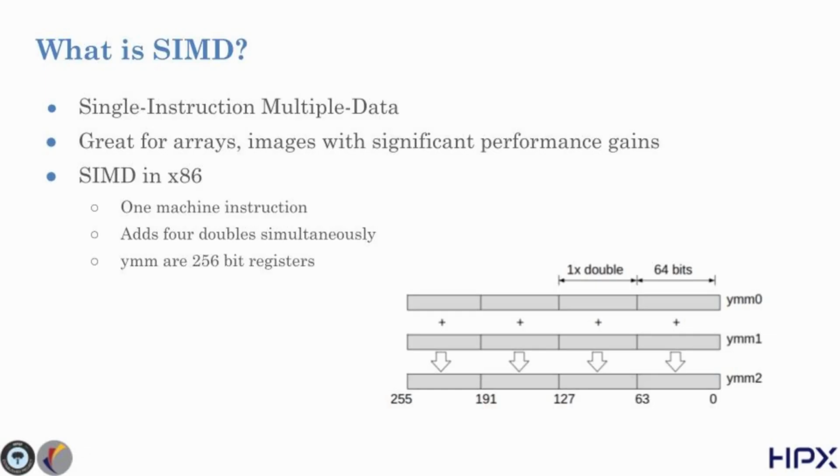The essence of vector operations is that you have large registers that don't just contain one double, 64 bits, but up to 512 bits, which gives us 8 doubles. When you load 8 doubles in and do an addition operation, these 8 additions happen at the same time with the same speed as if you were adding just one double. This gives you an effective speedup of up to a factor of 8.